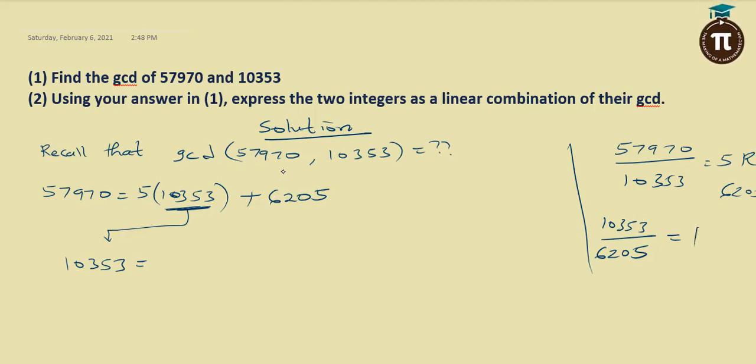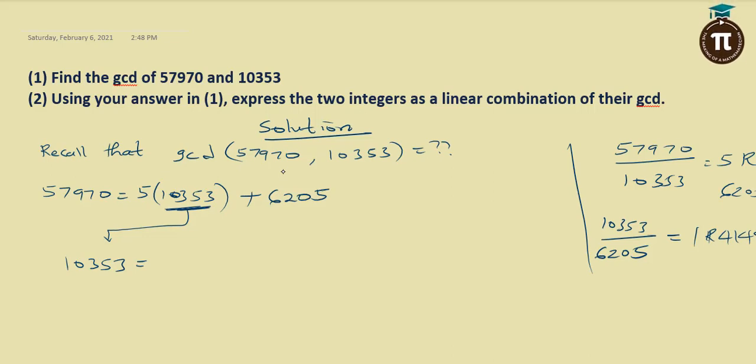It can only go once, and the remainder, if you use your calculator, 10353 divided by 6205, you will see that 6205 can go in 10353 once, and the remainder will be 4148. That is what the remainder will be.